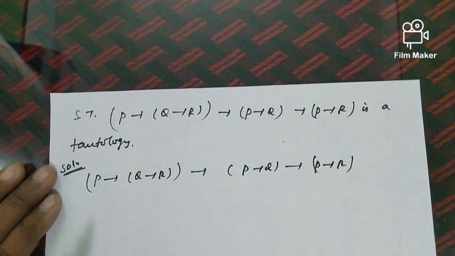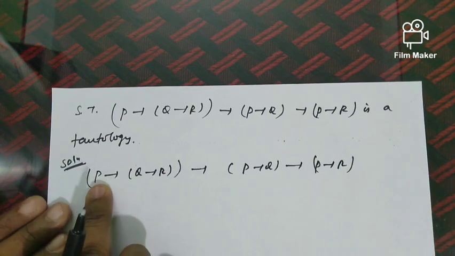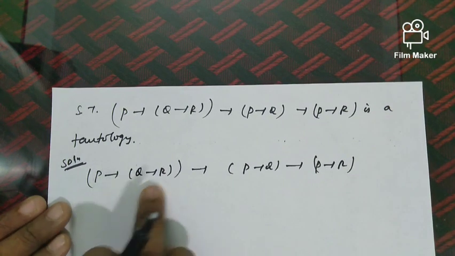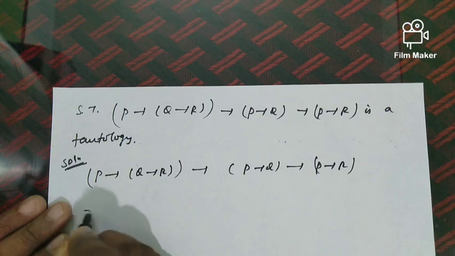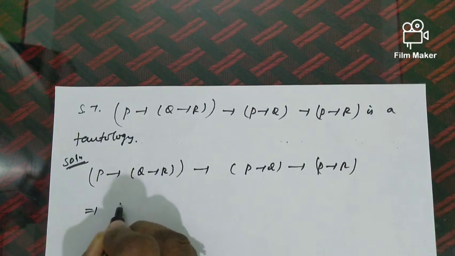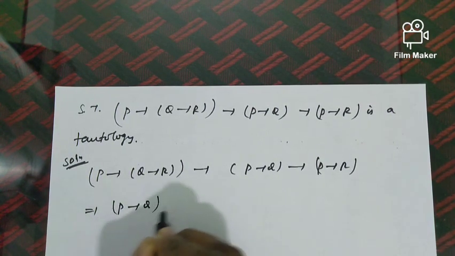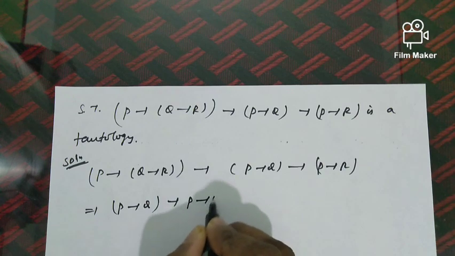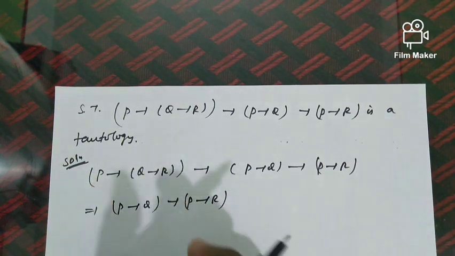Now what we are going to do is apply this: P conditional Q conditional P conditional R. So this can be written as P conditional Q conditional P conditional R. Here we have applied that result.